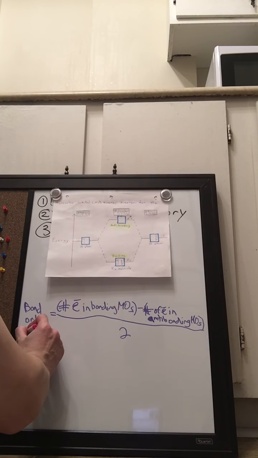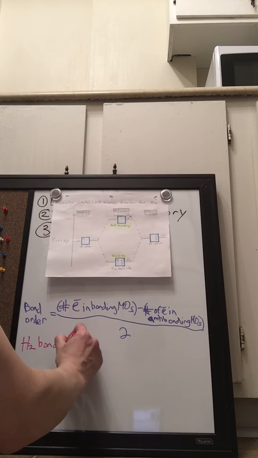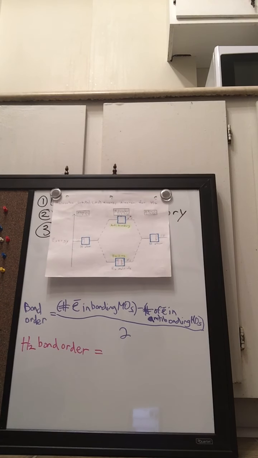So, again, we're still using the H2. If we want to know the H2 bond order, we need the number of electrons in the bonding molecular orbitals.